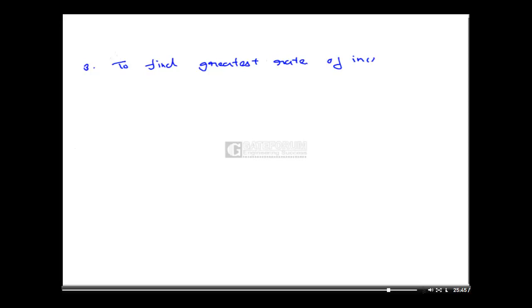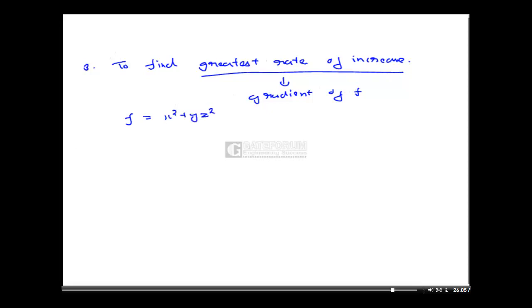It means that for this we have to find the gradient. Now the question is to find the greatest rate of increase of the function f, which is equal to x^2 + yz^2, at the point (1, -1, 3).